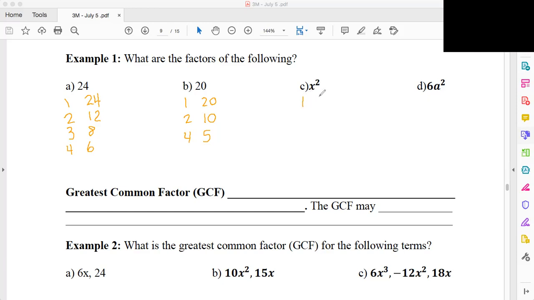So we have 1 times 1, and then x squared is ultimately x times x. And that's our answer for that one. If we look at 6a squared, we look at the coefficient first. What two numbers will multiply to give us 6? 1 times 6, 2 and 3. And then we have our a squared here, which is the same thing as a times a.